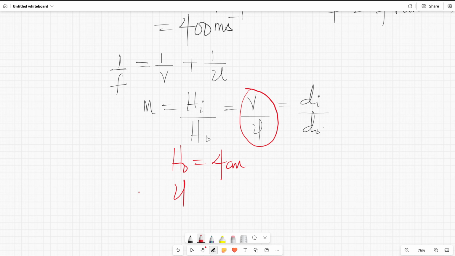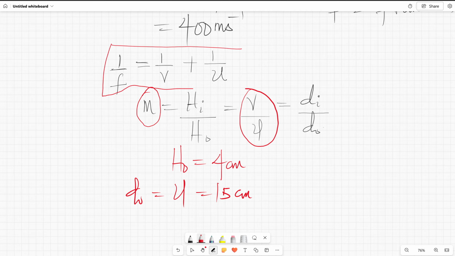So u, distance of object, equals 15 centimeters. So you need to find a way of making sure you still retain u in this formula, and you find a way of bringing in m into that formula. So what will I do to this equation here? What I'll do to that equation is that I'll simply multiply through by u.